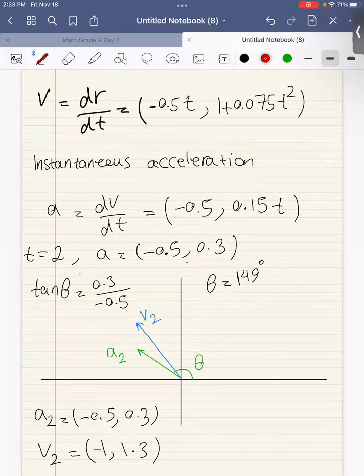Okay? The parallel and perpendicular components of the velocity vector with respect to acceleration at this time t equal to 2. So you have these two vectors, velocity vector, acceleration. Find the parallel and perpendicular components of acceleration with respect to velocity.